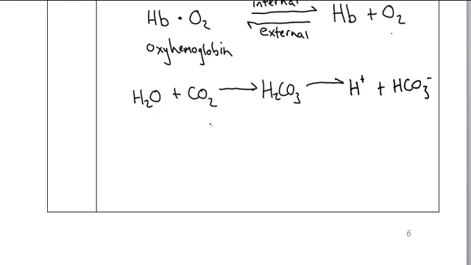If we're in a situation where our CO2 levels drop, we're actually going to go back in the opposite direction. So we have high CO2 levels in the internal situation, so it pushes it this way. And we have low CO2 levels in the external situation, pulling it the other way.